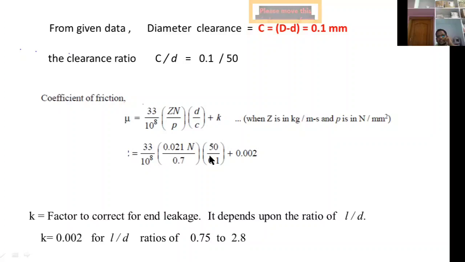This one is a reciprocal of this equation. So D equal to 50 mm and C equal to 0.1, plus K equal to 0.002. Finally we got the answer mu equal to 495 n by 10 power 8 plus 0.002. Here the value of n is not given. You have to find that value. So here the coefficient of friction is in terms of n. By using this formula you have to find the value n.